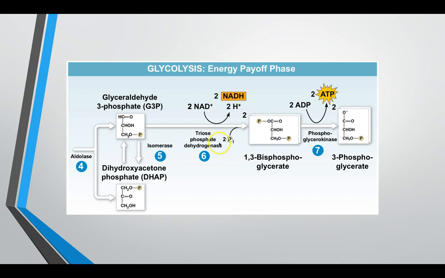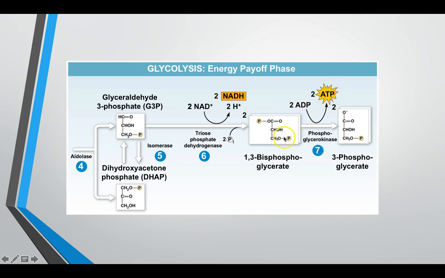Because I'm taking it from one compound and adding it to another one, my kinase is involved. This kinase is called a phosphoglycerokinase. And this is where I get my first molecule of ATP created. When 2 molecules of G3P go through, I'm going to get 2 ATP, 1 for each.